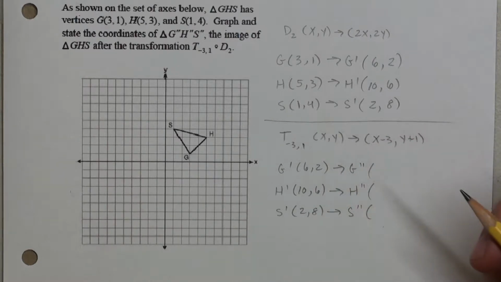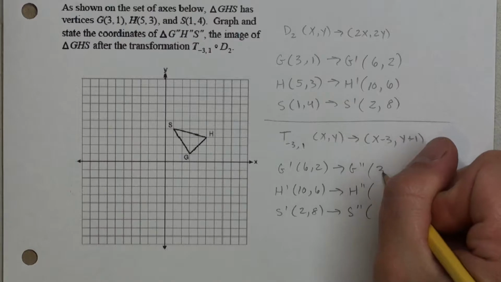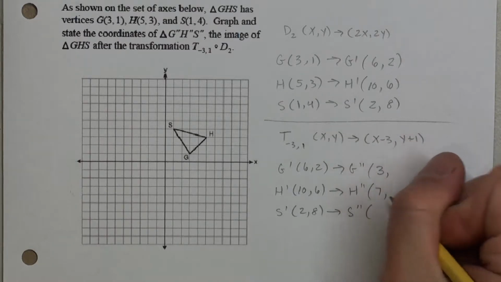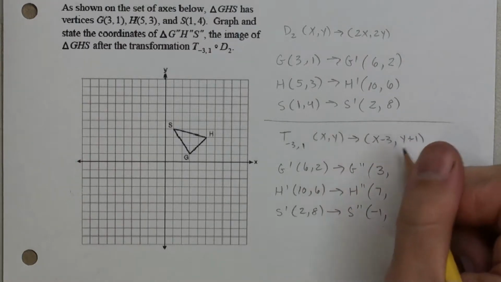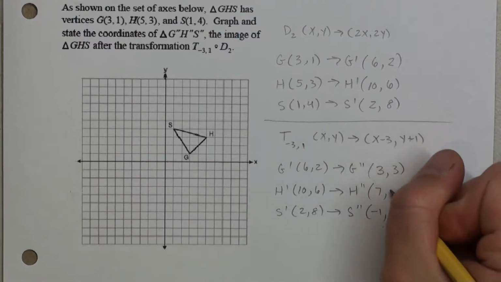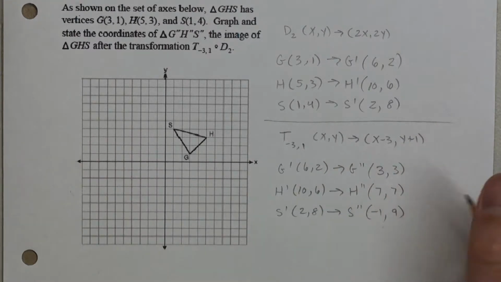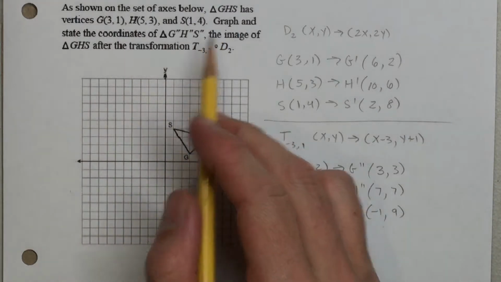And I subtract 3 from all my x's. I'll do that first: 3, 7, -1, and I add 1 to all my y's: 3, 7, 9.